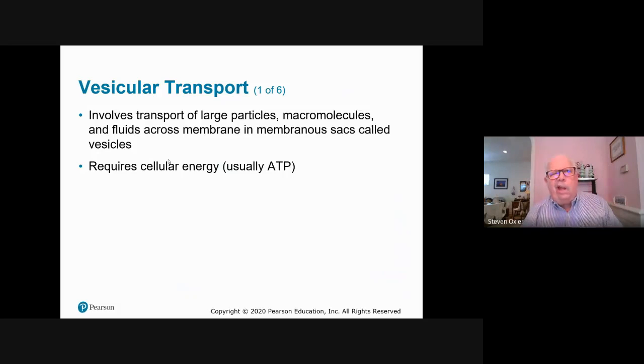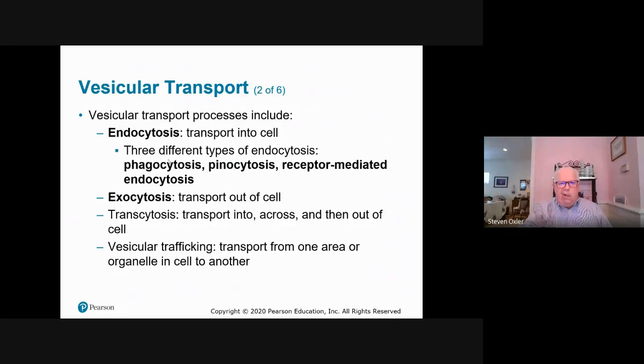Vesicular transport involves the transport of very large molecules called macromolecules, which means big molecules. To bring these big particles into the cell or to get them out of the cell, you need ATP. So this is active transport, vesicular transport, transport of large particles.